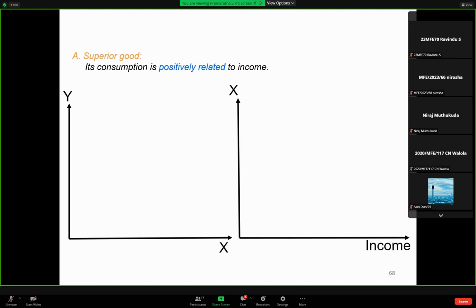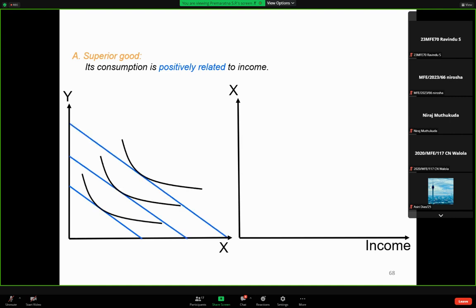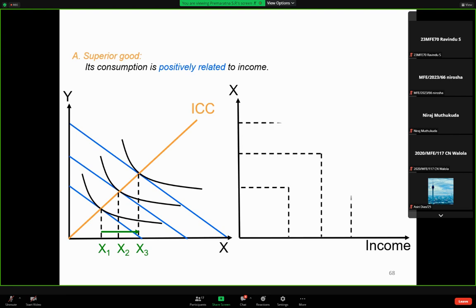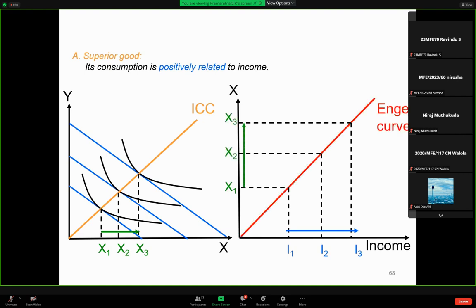If you take a normal good, the income consumption curve has a positive slope, and from the ICC you get the Engel curve, which also has a positive slope.